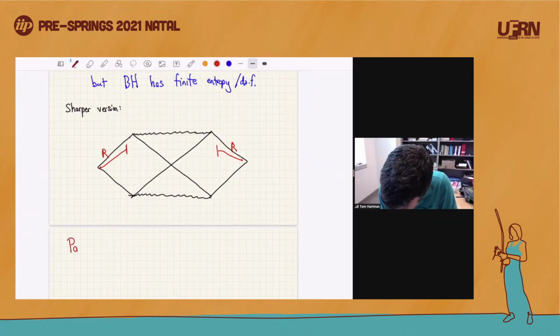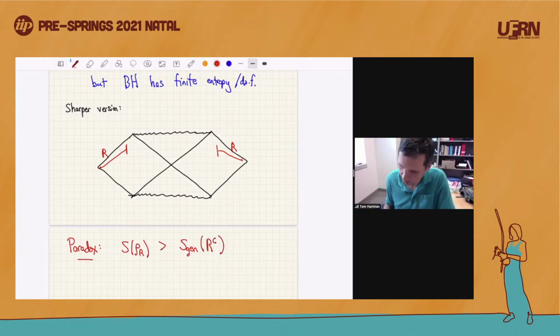The paradox is when S of rho r exceeds the generalized entropy of R complement. Let me explain that. So R complement is everything else in this space-time. And R complement is what the radiation is entangled with. So we can't have more; the entropy of these two regions has to be equal to each other.